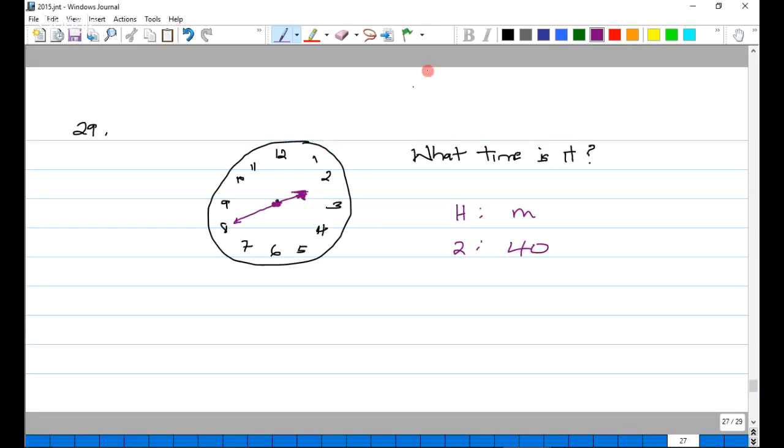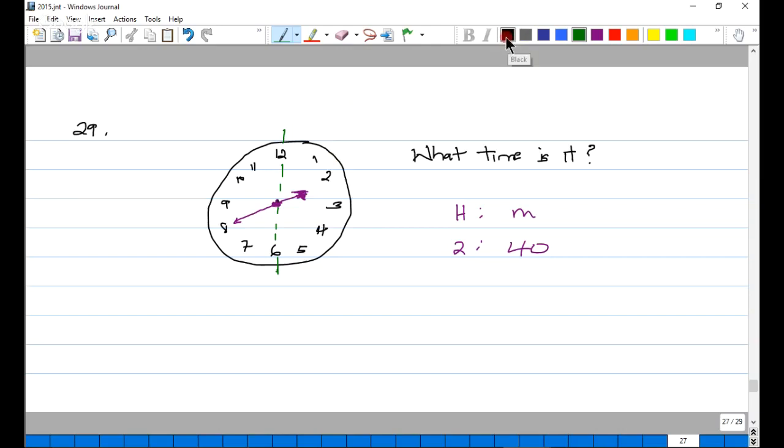Understood? Yes, sir. Okay. On the clock face, all the numbers on the right hand side represent minutes past the hour, and the numbers on the left hand side of the clock face represent minutes to the hour.